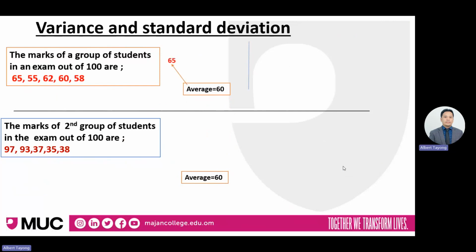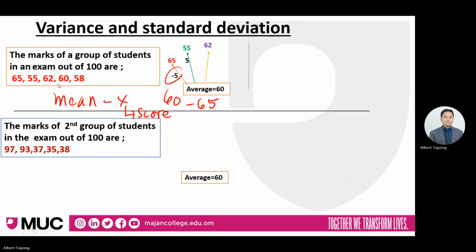Using the manual method, we're going to look at the difference between the scores and the average. The first difference is -5. How to get -5? That is 60 minus the score, the mean minus x, where x is the score. The second one is 60 minus 55, that is 5. Then 60 minus 62, the third number, is -2.